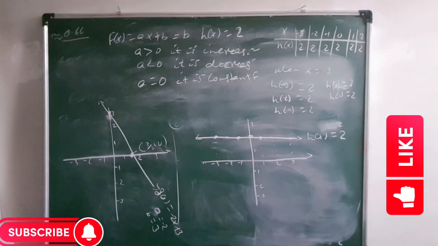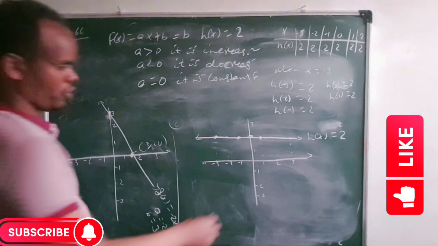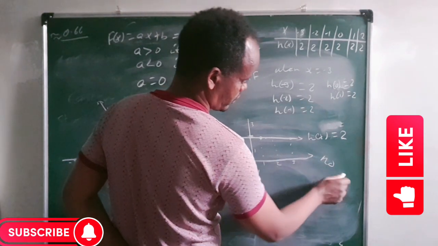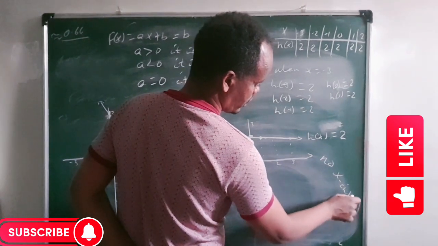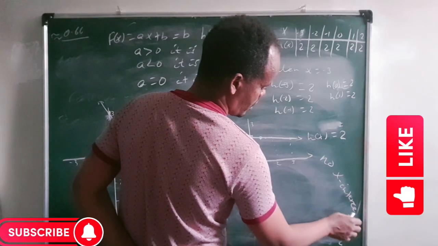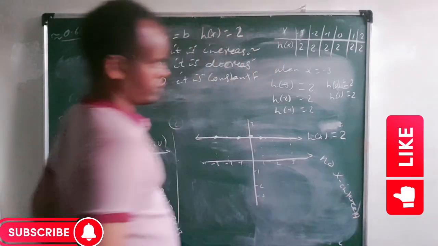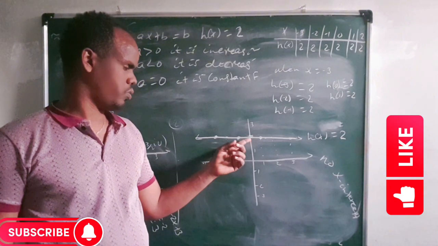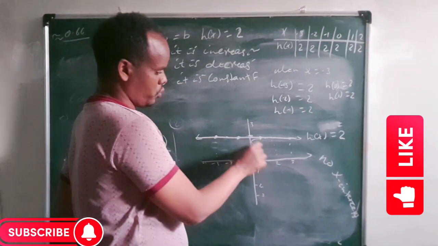The constant function has no x-intercepts. The y-intercept is at the point 0, 2.